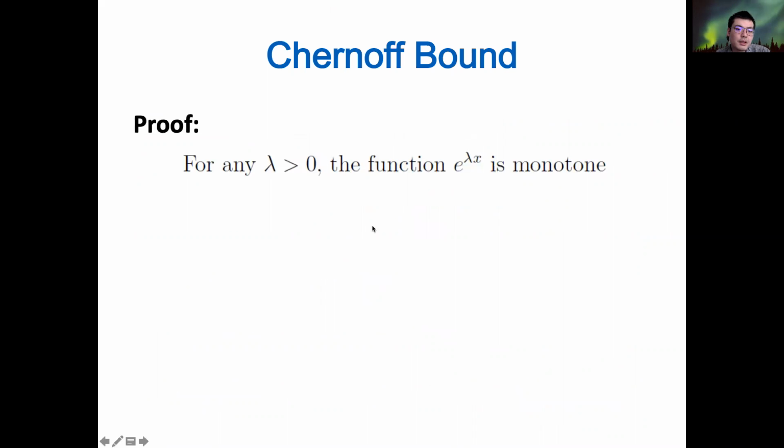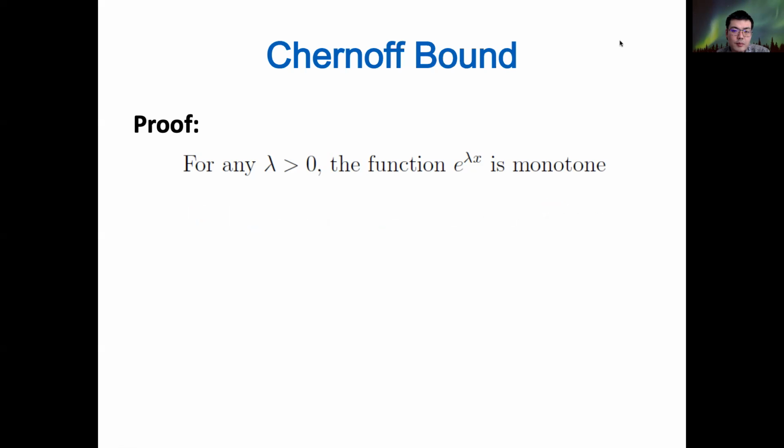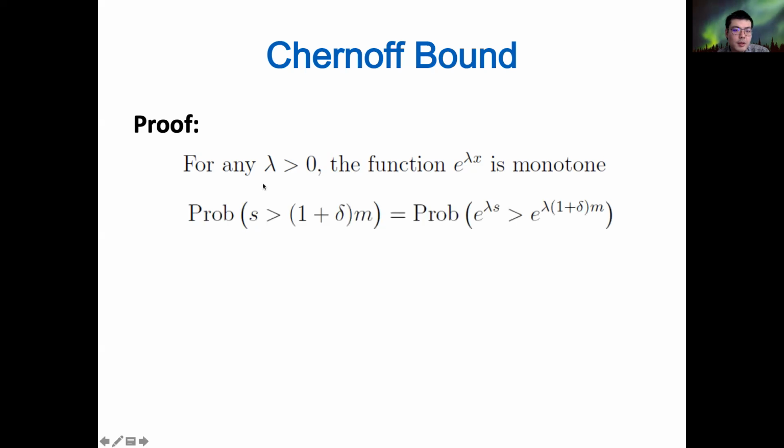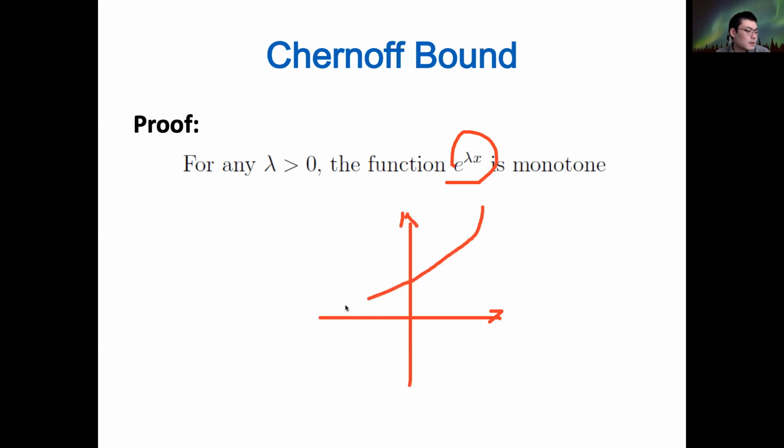So what we do is we use one conclusion. Suppose lambda is some positive number. What will be the value of the exponential to the power lambda? We know that e to the power x looks something like this, where this point is 1 at x equals 0, and this goes infinitely close to 0.